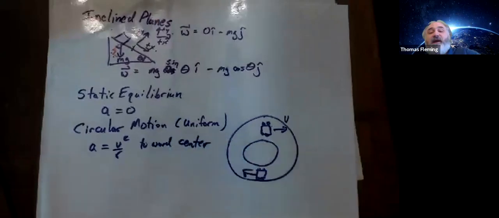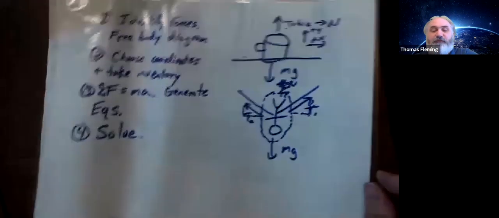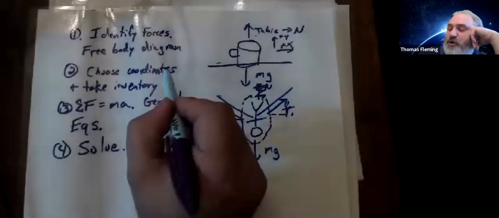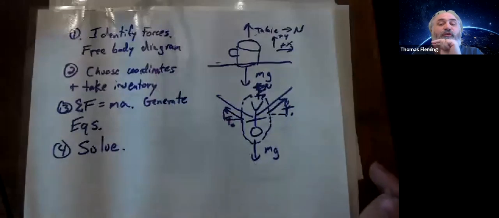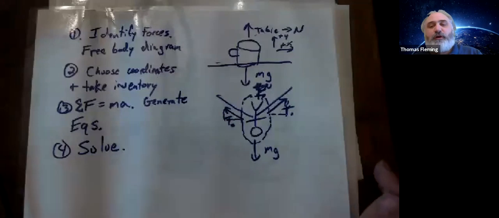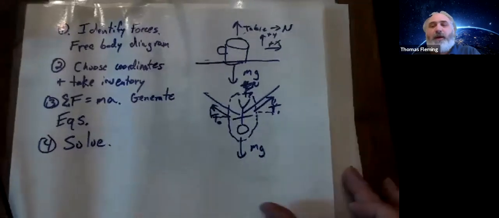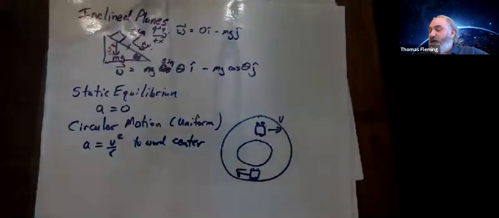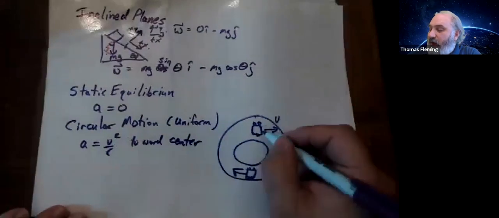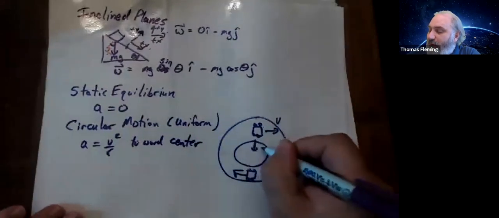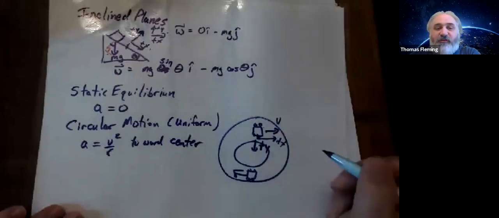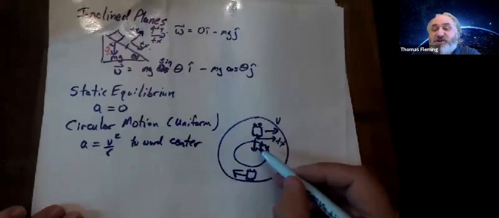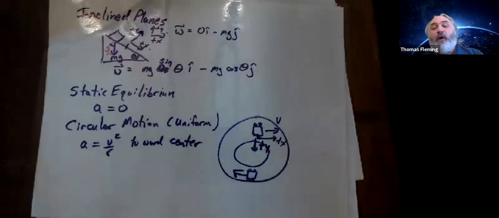So, when I go to break down my forces and do my steps, when I'm choosing my coordinate system, the first thing I'm going to do is make sure that I choose a coordinate system where either x or y points towards the center of that circle. Every time. So if I'm doing something with this guy here, I'm going to choose maybe this to be my positive y direction and this to be my positive x direction. So in this case, the y direction would just conveniently point towards the center of the circle.